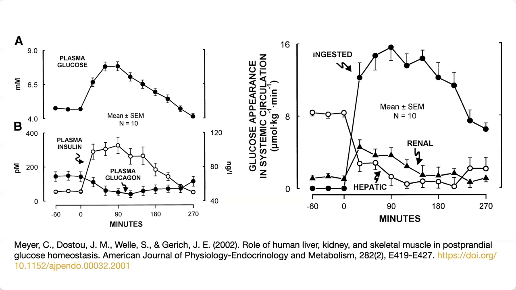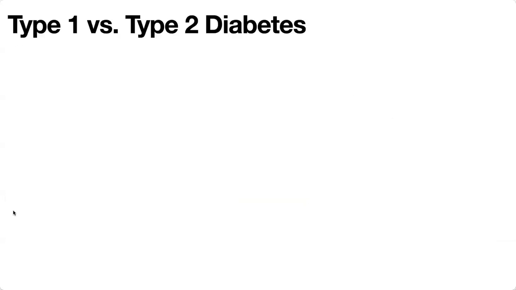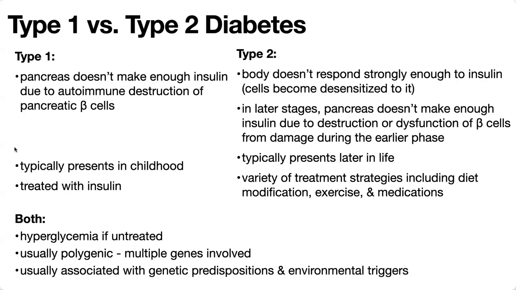All of this, however, is assuming that your cells are able to make insulin, that you have beta cells in the beginning, that they're able to make insulin, and that the cells on the other end are able to respond to insulin. So with type 2 diabetes, there are various reasons we could think about why those cells might not be able to respond. We'll go into some of these, but we can already think about the various places we could get problems.